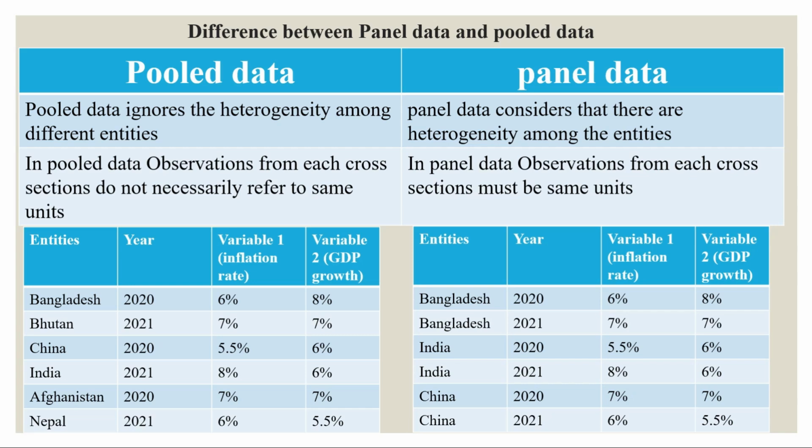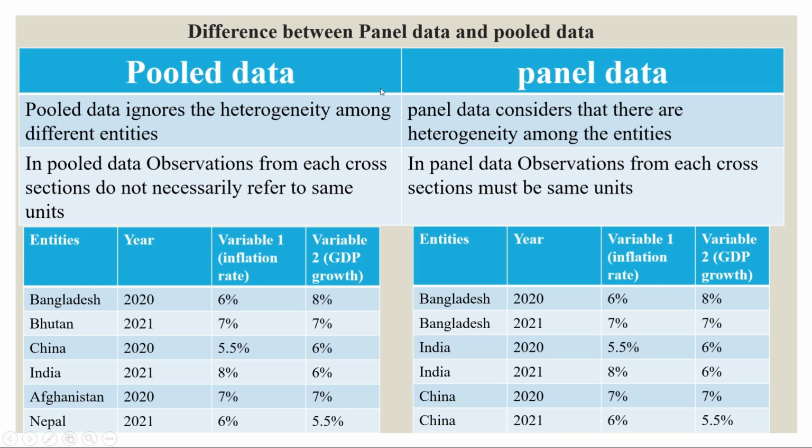There are different characteristics of Bangladesh, of Bhutan, and of China. But when we consider pool data, it ignores the differences among the entities, whereas panel data considers this heterogeneity among the entities. So this is one difference.